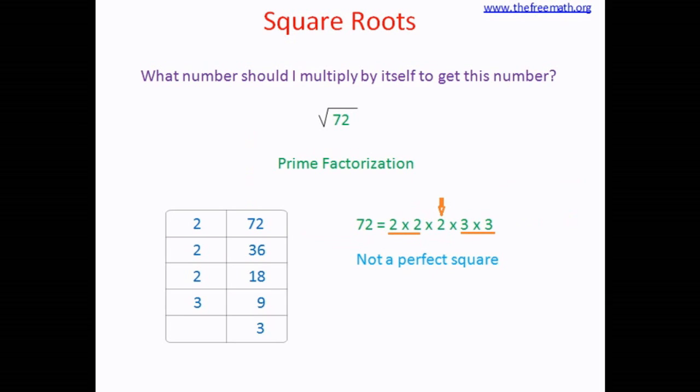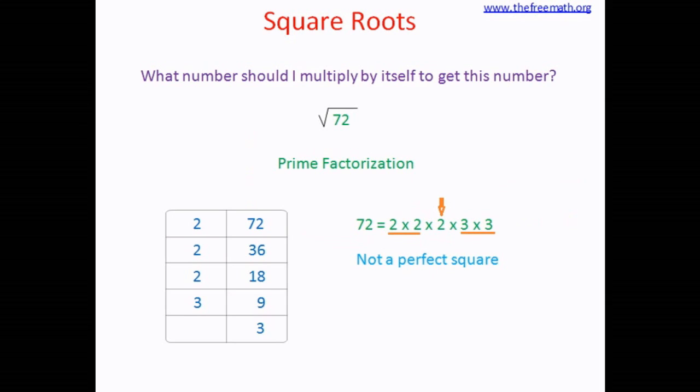So prime factorization also helps me to figure out whether a given number is a perfect square or not. And this is how I know that 72 is not a perfect square. Is there any other method I could use to figure out that 72 is not a perfect square? Yes.